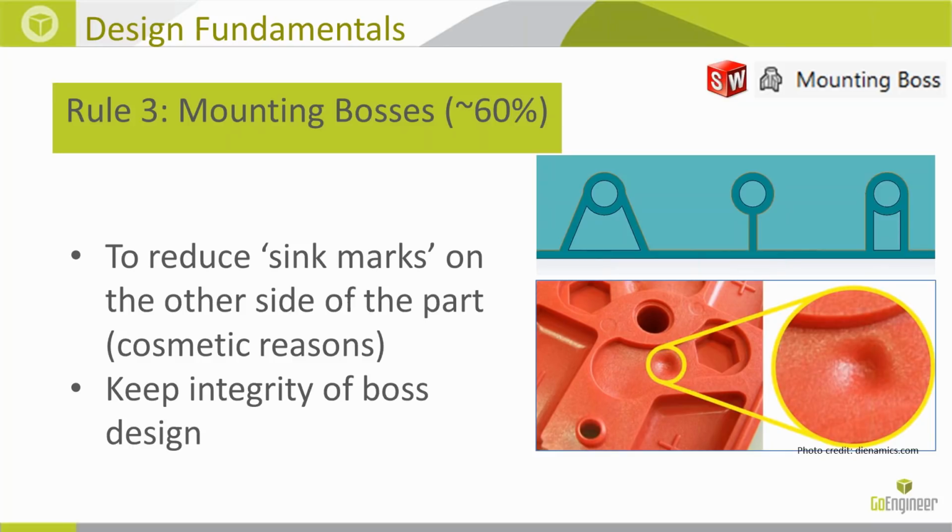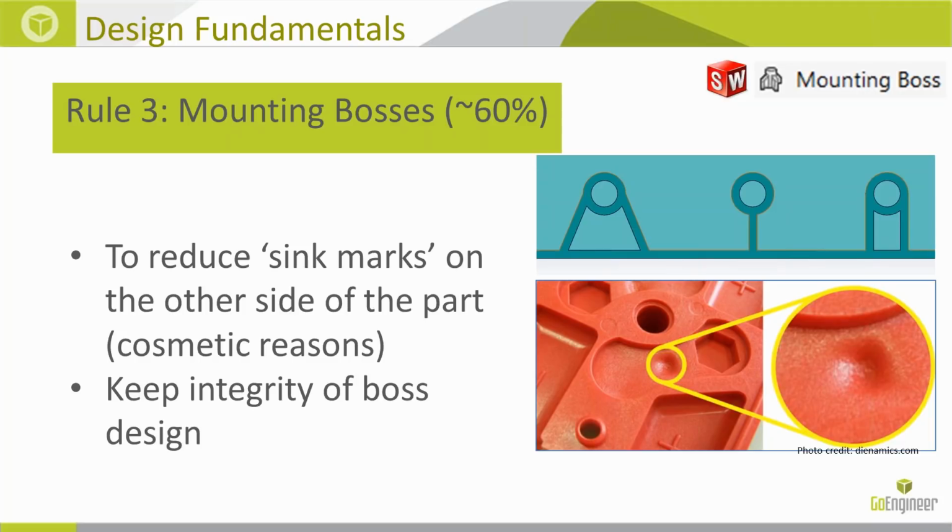So this image shows how when you have the same thickness on ribs, you can create some defects on the other side. You can also create some cosmetic flaws, if you don't monitor that thickness on some smaller features.